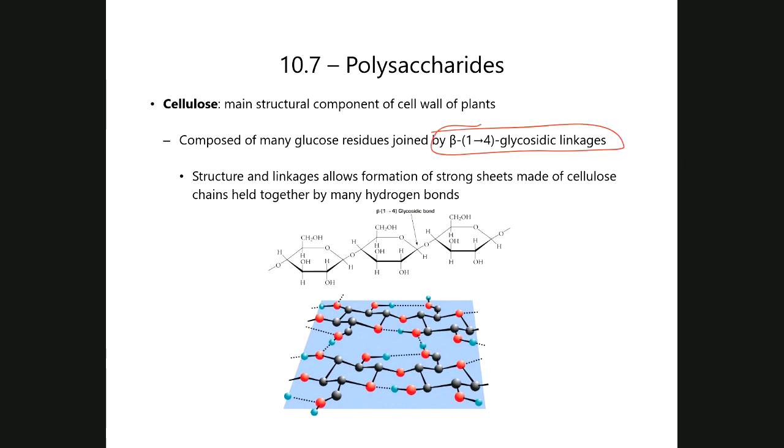So remember earlier how I said we do not have the enzymes to break beta-1,4 glycosidic bonds? The exception is lactase, which some of us may not have. If you look at cellulose, here's a beta-1,4 and another beta-1,4 and another beta-1,4. We do not have the enzymes to break this down into the corresponding monosaccharides.